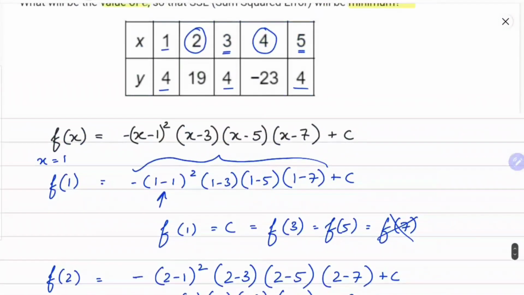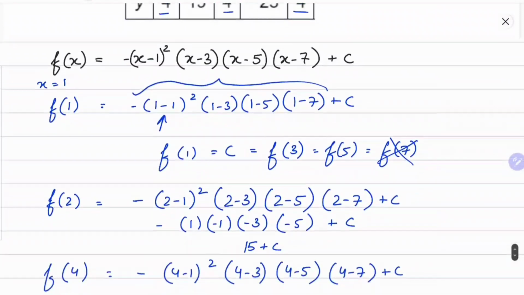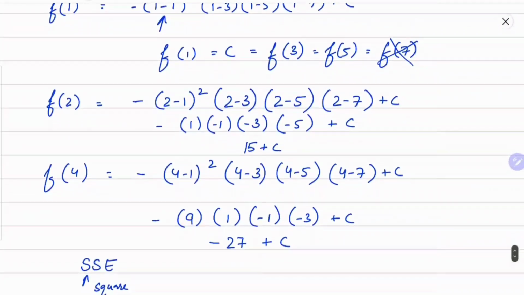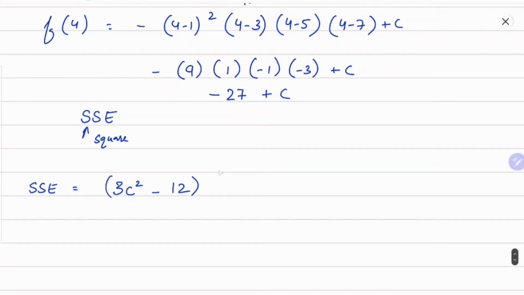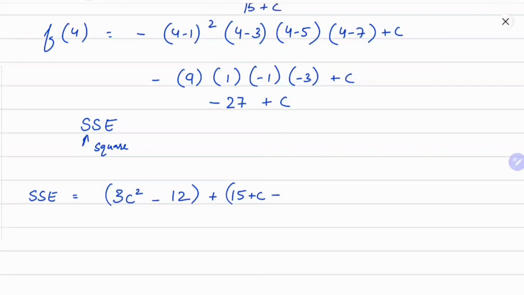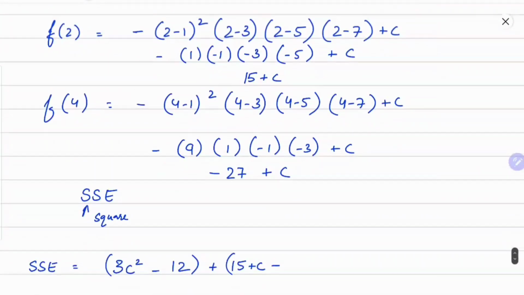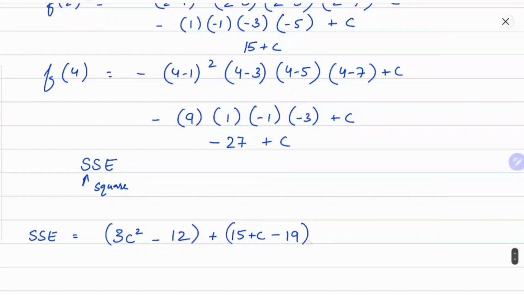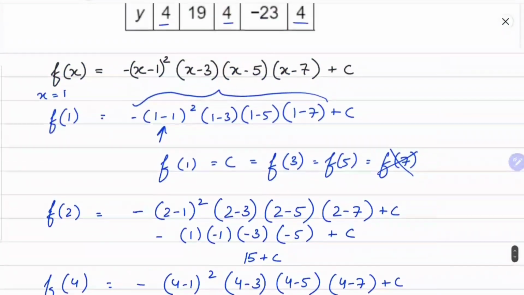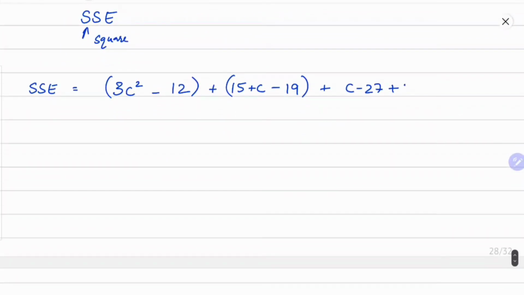Then the next comes out to be f(2). We found f(2) as 15 + c, minus the given value of 19, so it would be c - 4. Then c - 27, and it would be plus because it is given as minus 23, so this will come out to be c - 4.